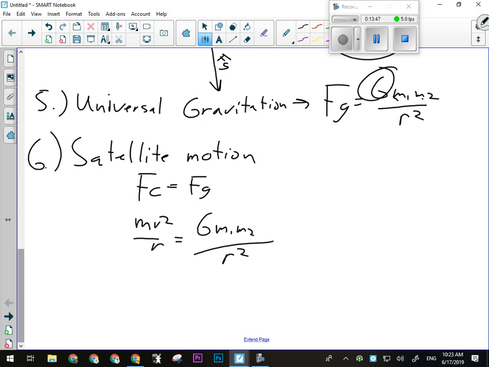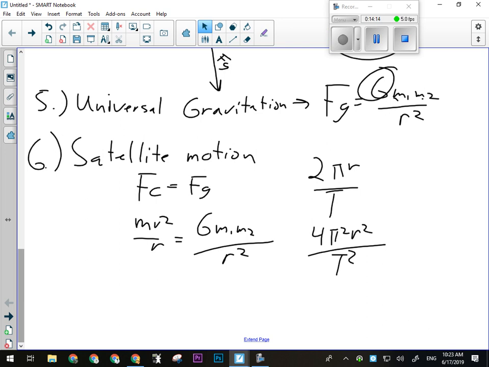Also remember that from time to time we had to do questions where we weren't given V, and we were asked to solve for R. We ended up having to do the substitution where we had 2 pi r over t, and we had to plug that in for V. Since V was squared, what did I have to do with this formula? Square it, all right? So I had 4 pi squared times r squared over t squared.